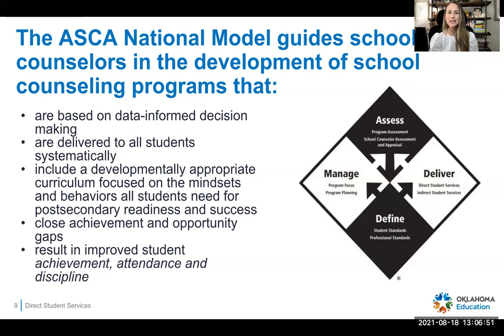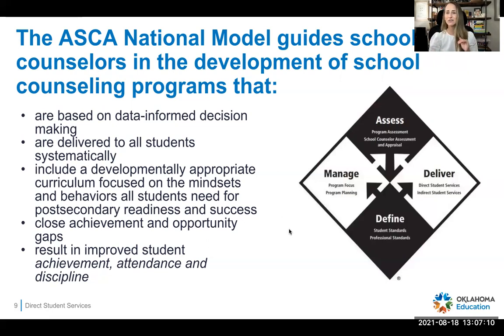The other important piece of comprehensive school counseling is that it ensures that we are delivering these supports to all students, no longer just some subsets of students. It includes a developmentally appropriate curriculum, which we'll talk about as we go on.